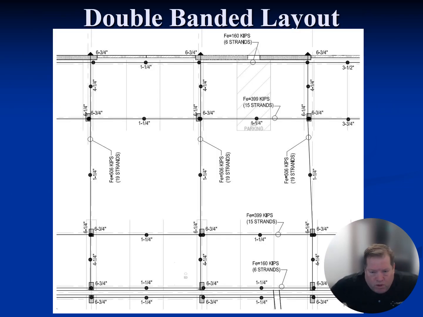So moving into the future, what we're going to do is, if you can see the screen, hopefully, you're going to have 19 strands going north-south. You're going to have 15 strands going east-west in a general pattern. So no PT here, no PT here, no PT in the mid-span.